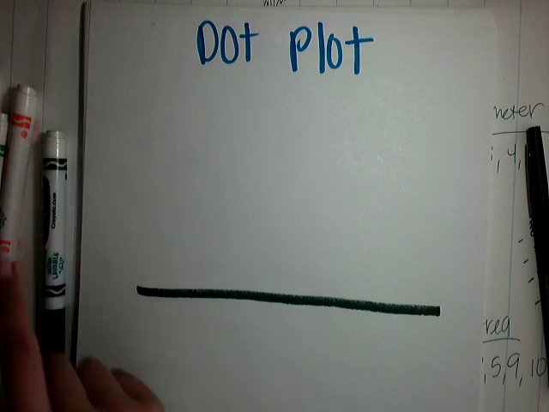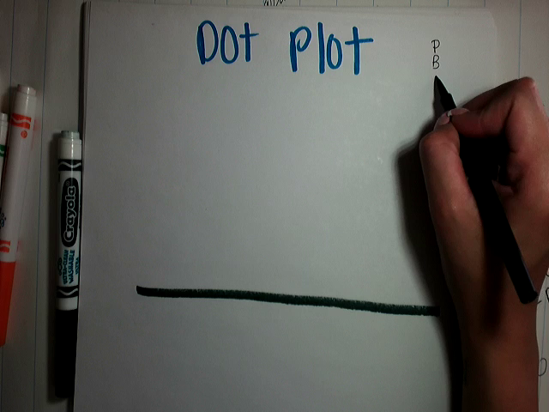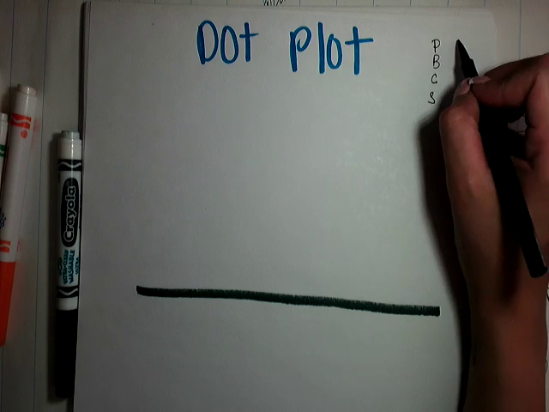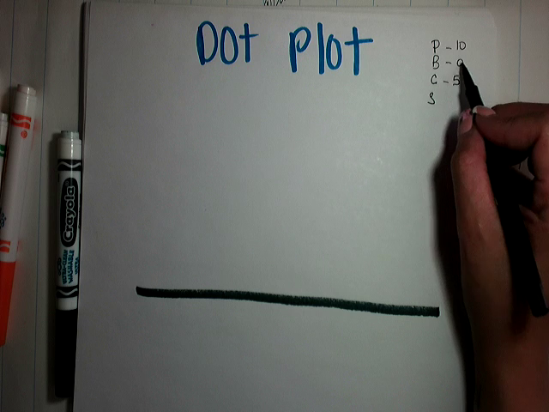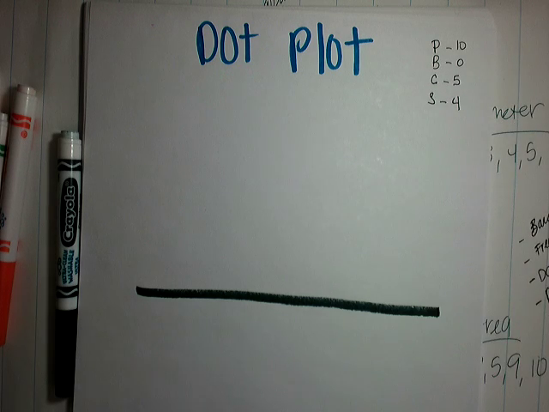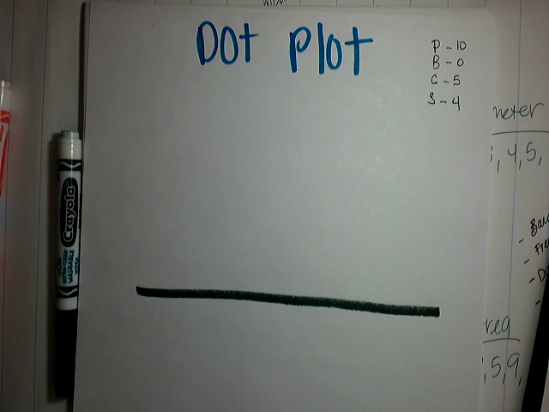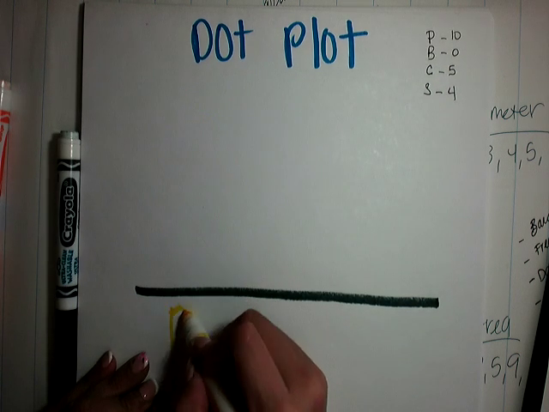So we had the same categories. We had Pikachu, Bulbasaur, Charmander, Squirtle. So we had 10 of you like Pikachu, nobody liked Bulbasaur, 5 of you liked Charmander, and 4 of you liked Squirtle. Normally you would write the whole name on the bottom, but I want you to be able to see it.